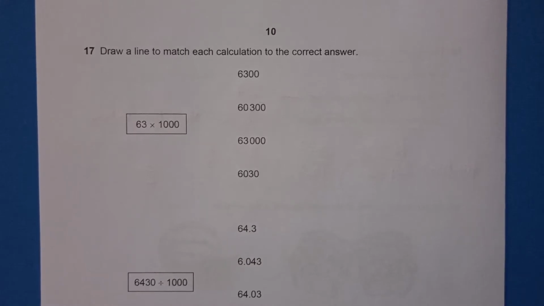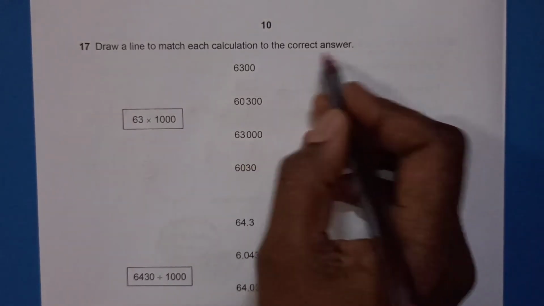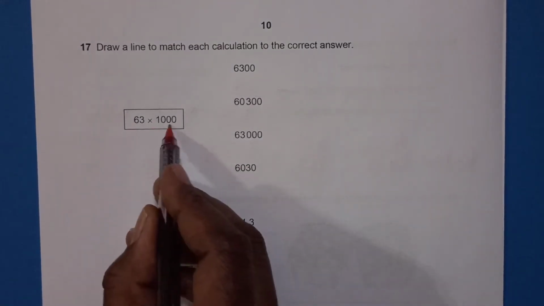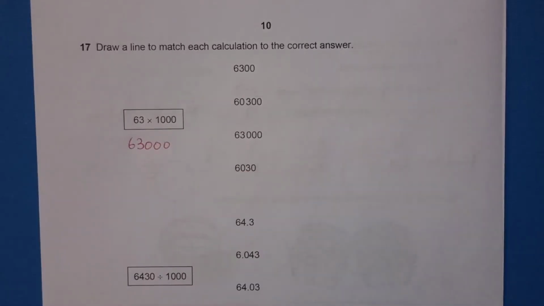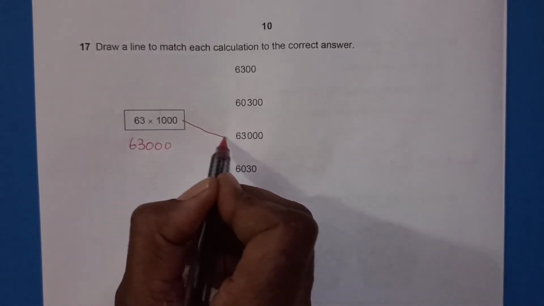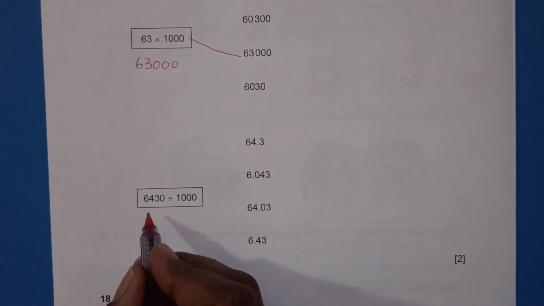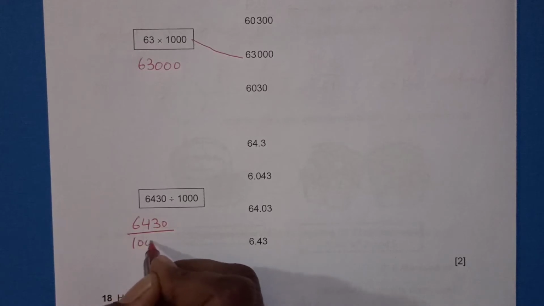Question number 17. Draw a line to match each calculation to the correct answer. So we have 63 times 1000. So this will be 63, then 3 zeros, so 63,000. It is here. Then second we have 6430 divided by 1000.